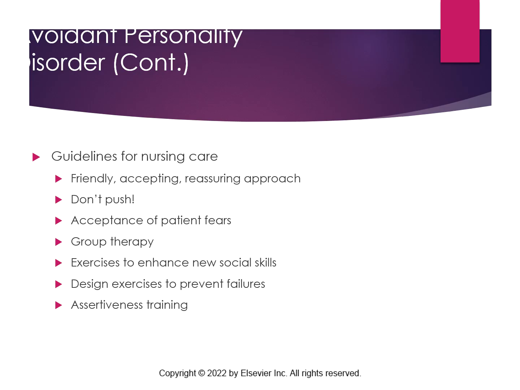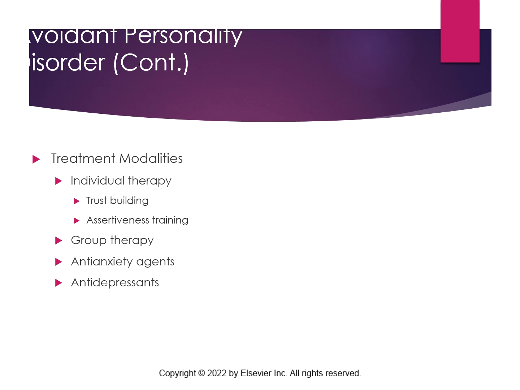Also, exercises to enhance new social skills are helpful, and we can design exercises to prevent failure. So allow for building of their self-esteem through being successful with the activities that we plan for them. And then assertiveness training. Those are the types of activities that these folks need.